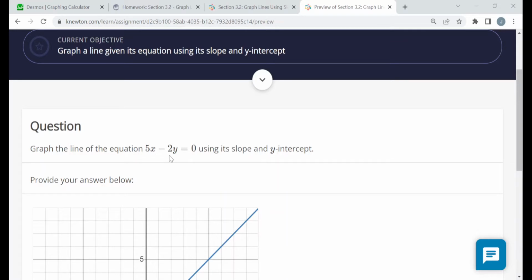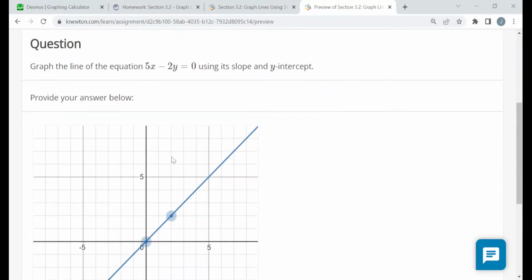I'm going to solve for y. I'm going to put the equation in slope-intercept form, and then we also now must graph it. Alright, so I'll move one point to where the y-intercept is, and then from that point use the slope to get to another point, the rise and the run, and then we'll have a nice graph of the line.